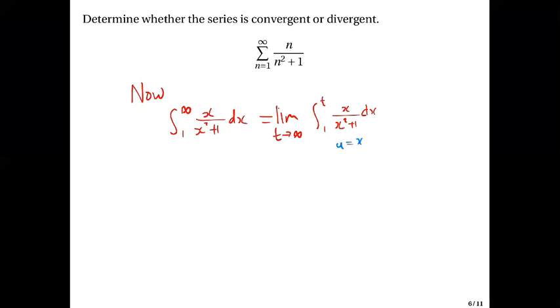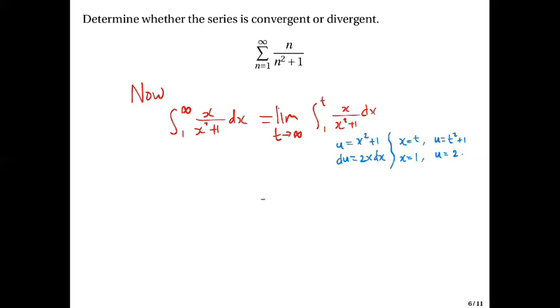You let u equal x squared plus 1, du is 2x dx. If x is equal to t, you have u equals t squared plus 1. If x is equal to 1, you have u equals 1 squared plus 1, which is equal to 2. Correct?